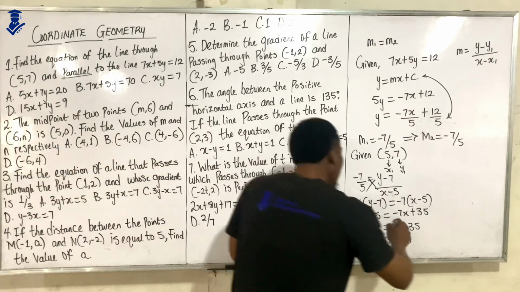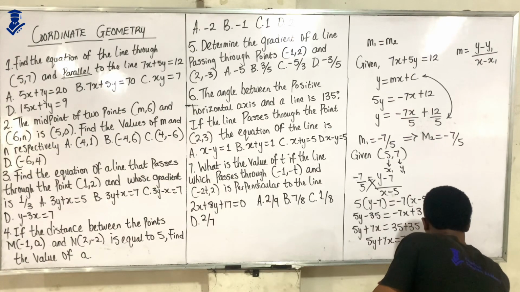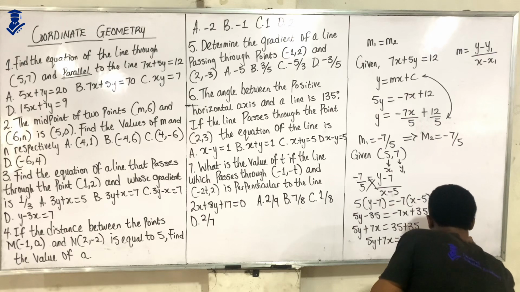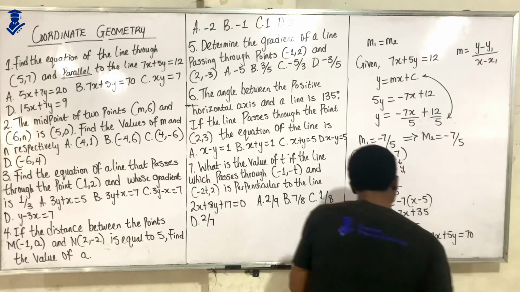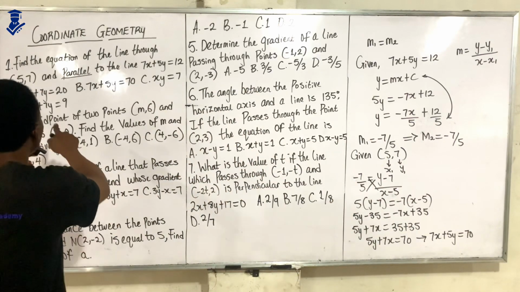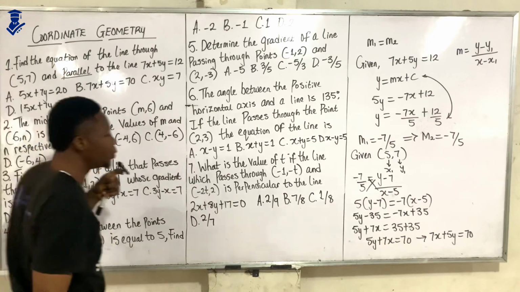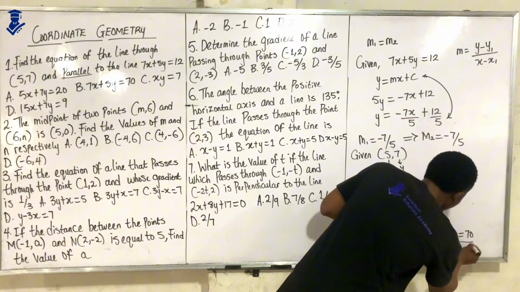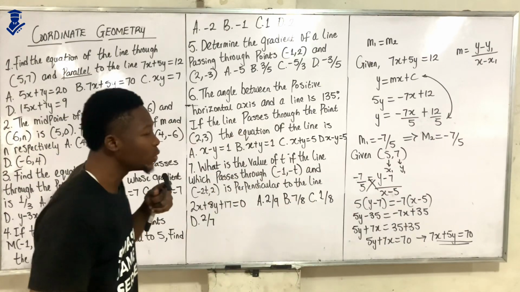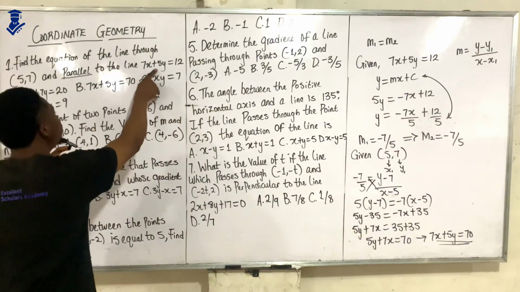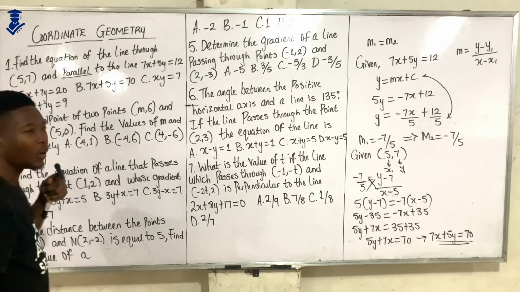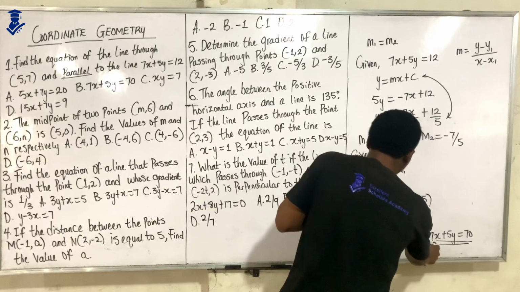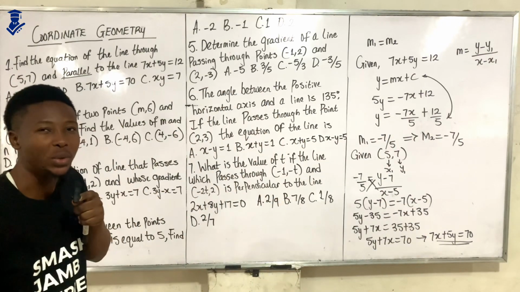We can also arrange this into 7x plus 5y is equal to 70. So our answer corresponds with option B. This is the equation that is parallel to this equation passing through this point: 7x plus 5y is equal to 70.